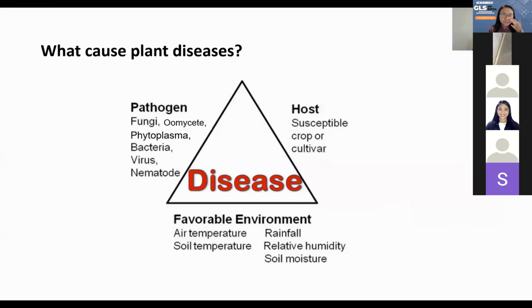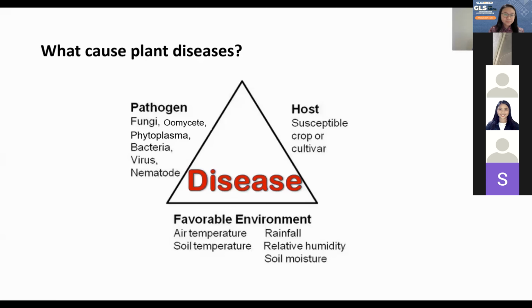This disease triangle is a concept to describe the requirements for a disease to occur. And this has three aspects that have to be met in order for a disease to happen.